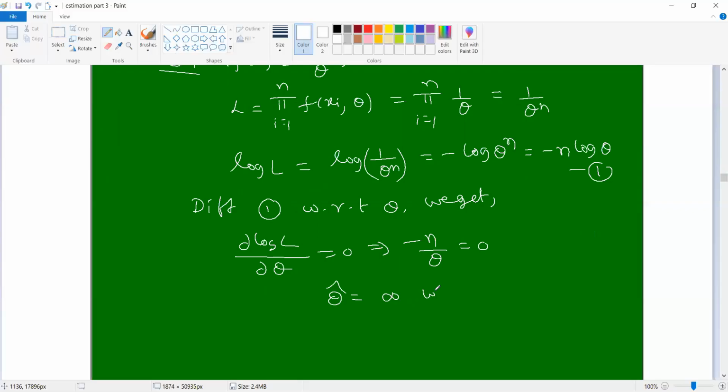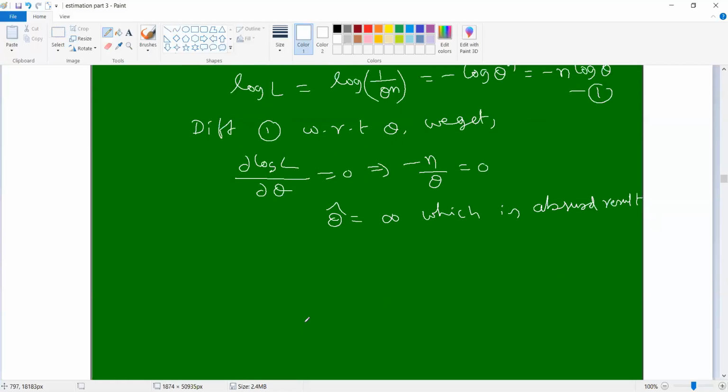Clearly, this is the observed result. In this case, we locate the MLE as follows.